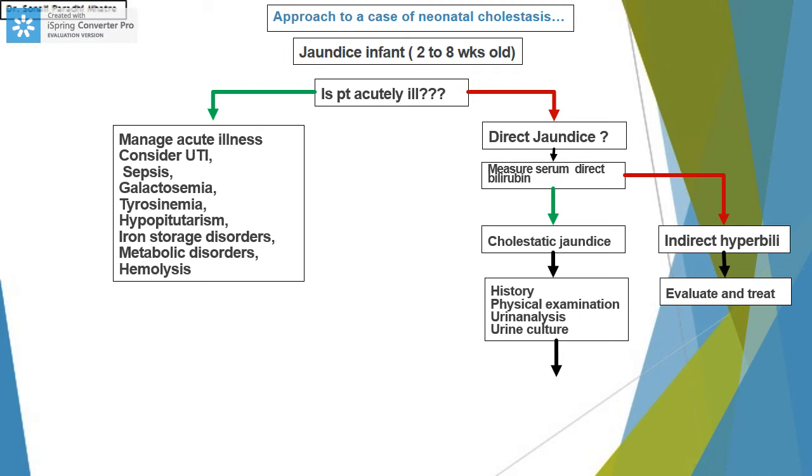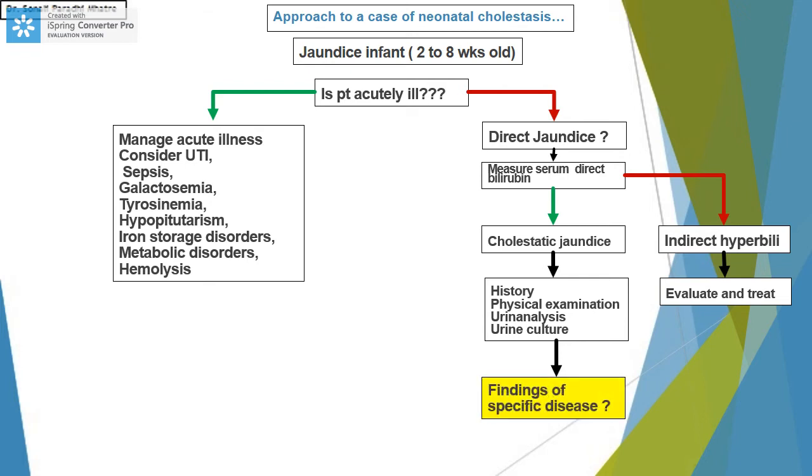A urine analysis and urine culture is routinely indicated if the child comes to you with direct jaundice. As I have already said, urinary tract infection is one of the most common causes of jaundice in the child. Also, the UTI in a newborn child can present isolatedly as jaundice and there may not be any other associated complaints. So urine culture is very important here.